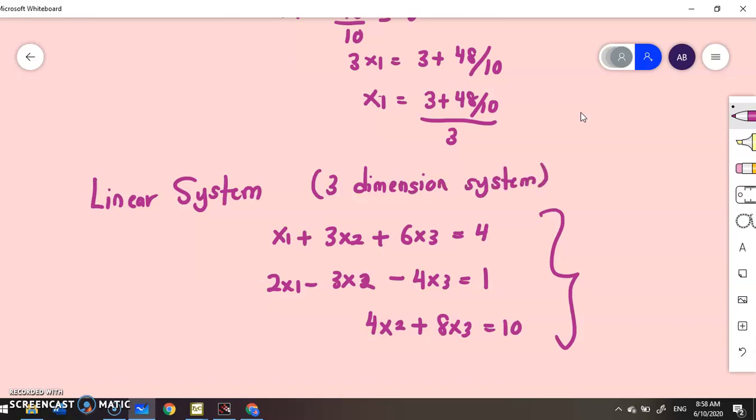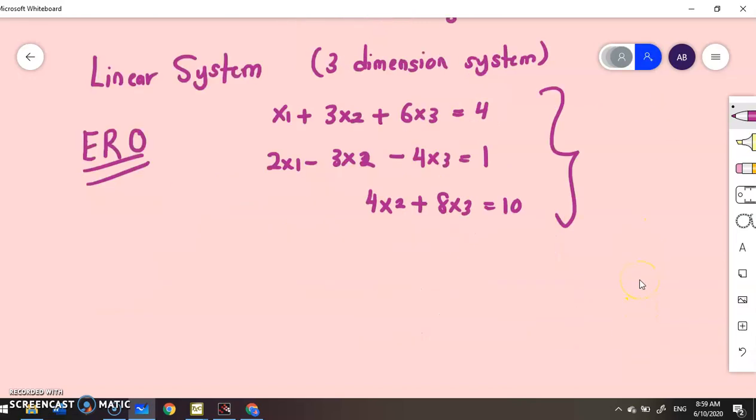Some of you will say, do the same thing, solve by simultaneous equations. Some will say, let's use elementary row operations, ERO. Fine, it works. Or you can also reduce it to matrix form.